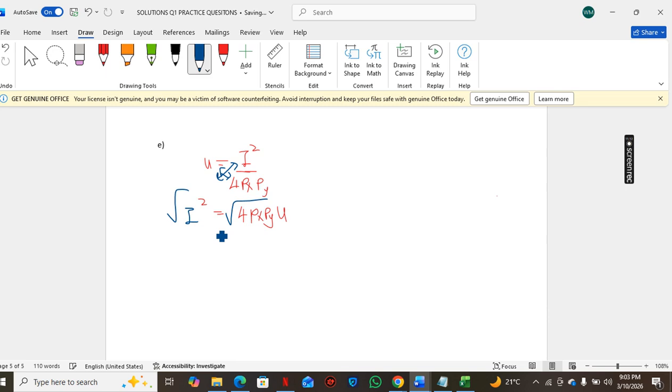The square root of I squared is I. Okay. Then here, square root of 4pxpyu. Remember 4 is a perfect square. Okay, so the square root of 4 is 2. Okay, then you'll leave px, py and u in there. Okay. And this is your expenditure function. Any questions?